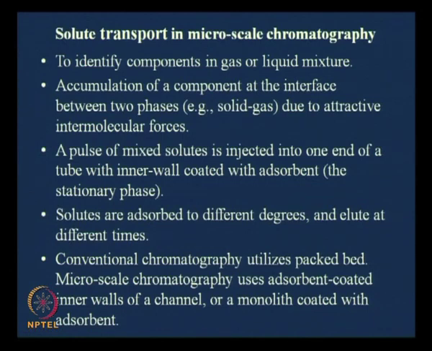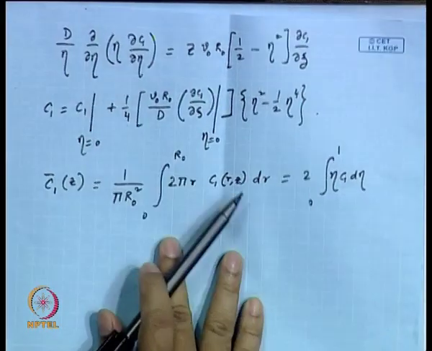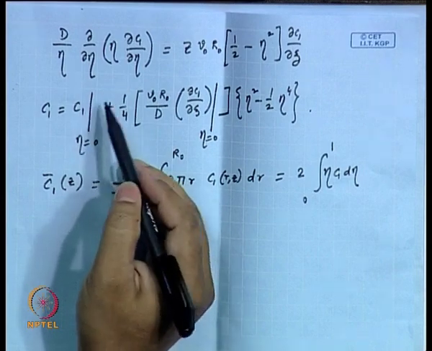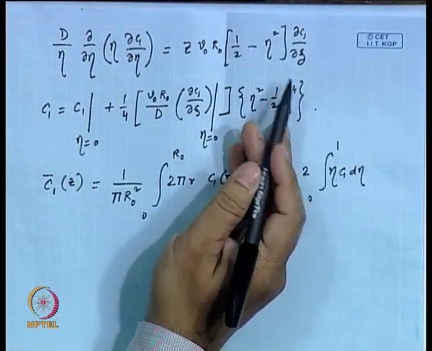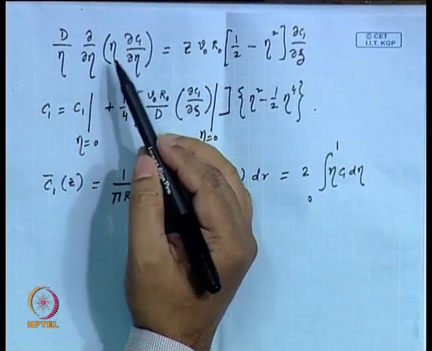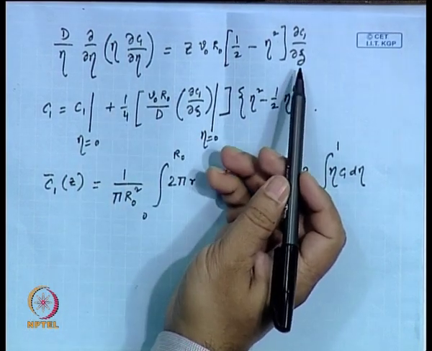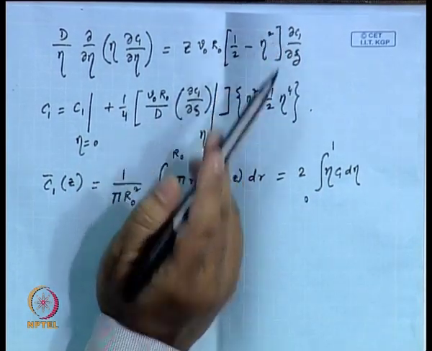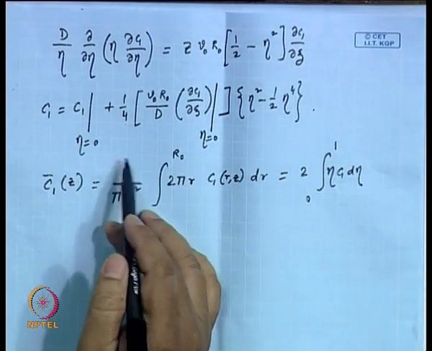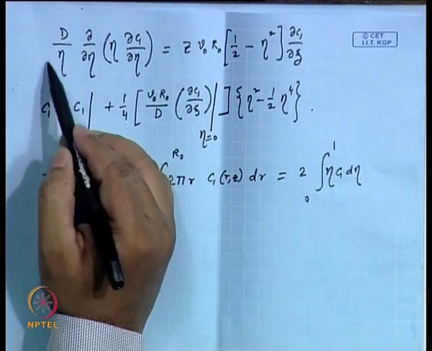I said in the last class that this is a solution for the differential equation that satisfies the governing equation as well as the boundary conditions. Okay, this is the converted form.